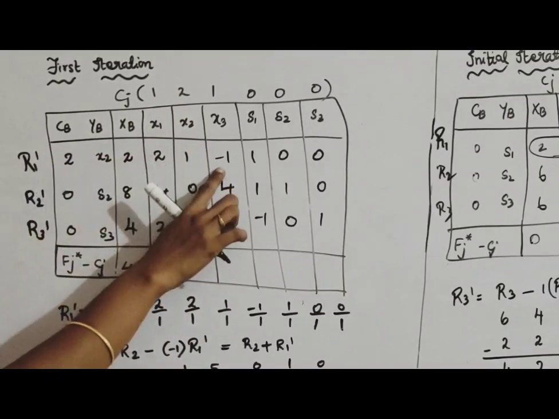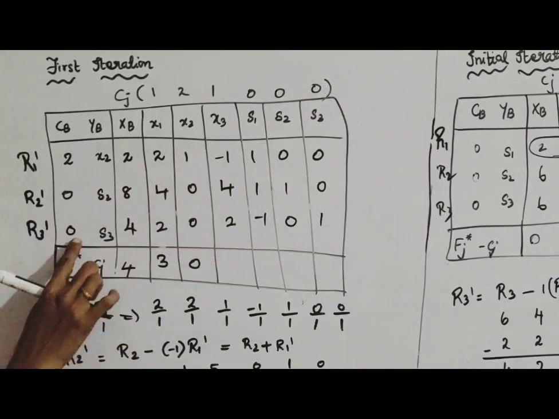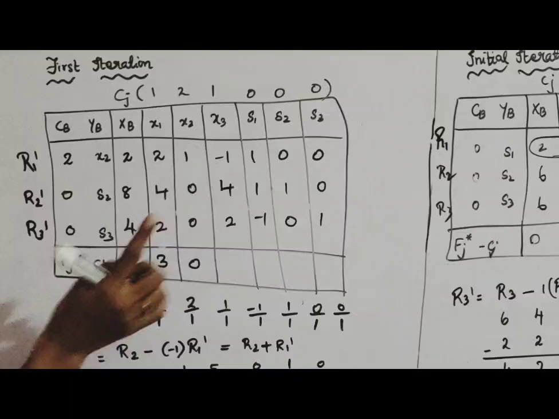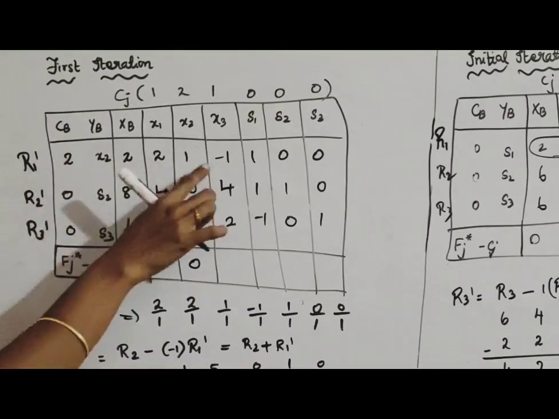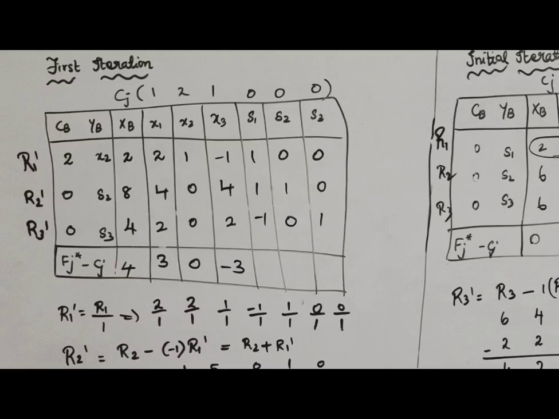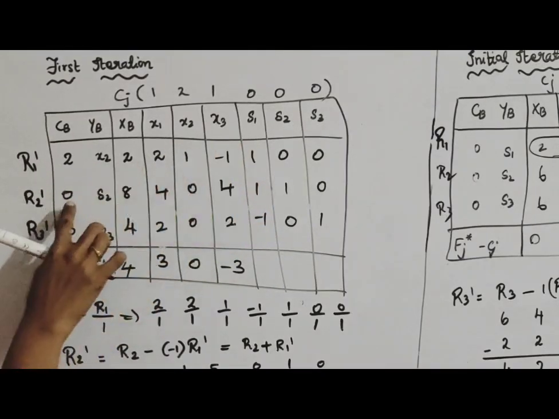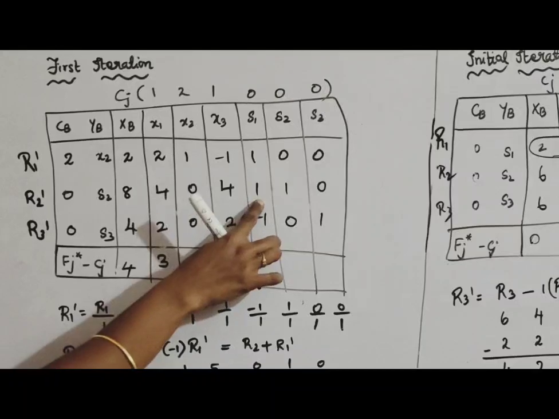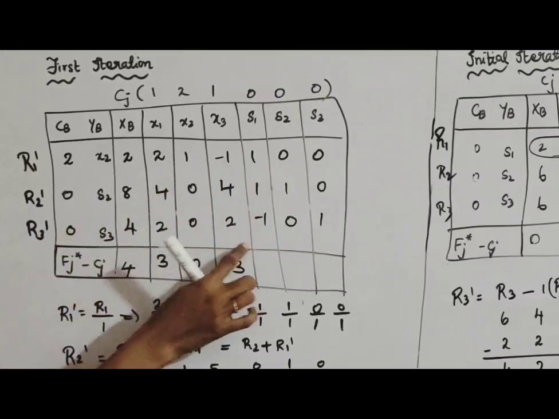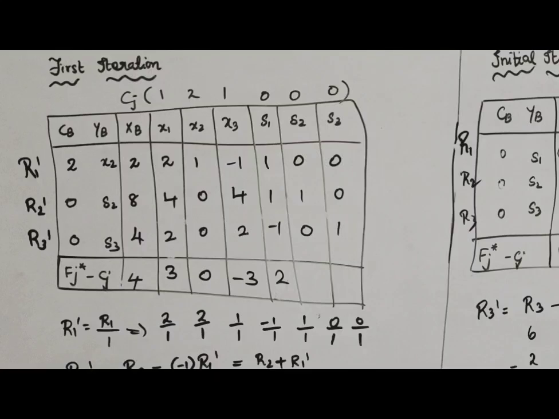Again, 2 into minus 1, minus 2, plus 0 into 4, 0, plus 0 into 2, 0, that is minus 2, minus 1, that is minus 3. Next, 2 into 1, 2, 0 into 1, 0, plus 0 into minus 1, 0, that is 2 minus 0 is 2, right?